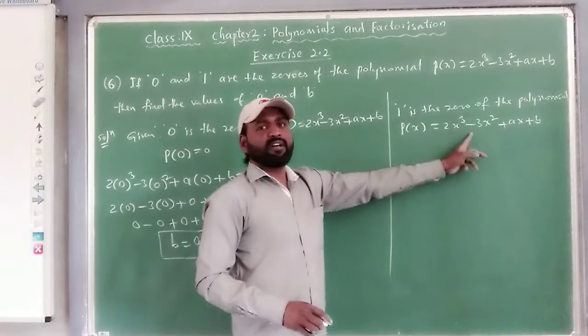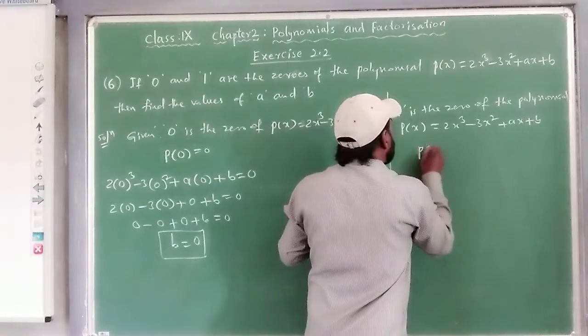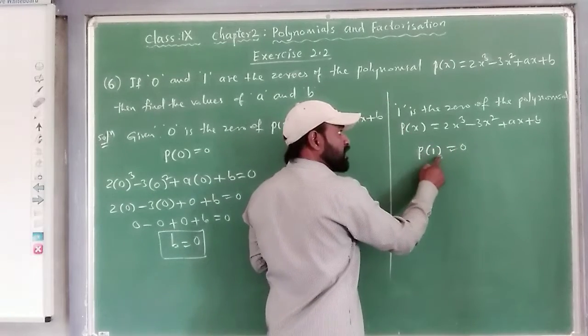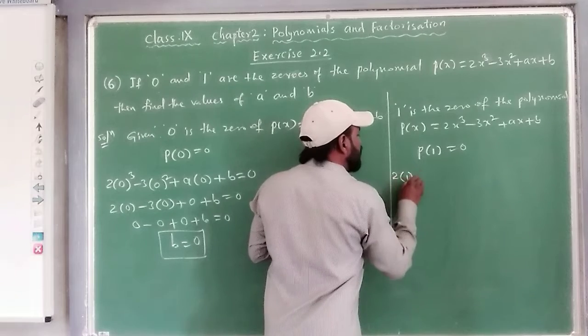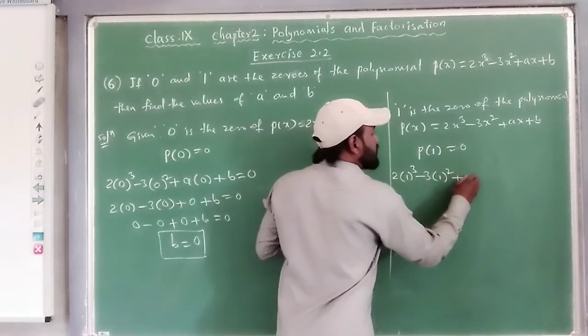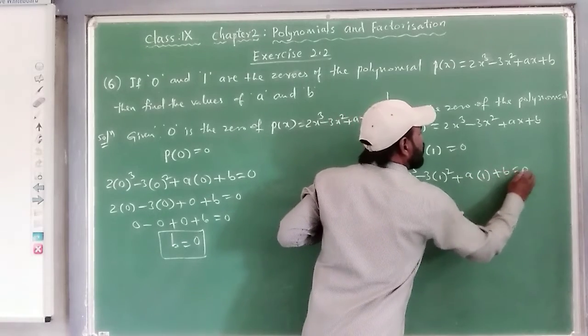Next, if 1 is a zero of the polynomial, that means p of 1 is equal to 0. Now, in place of x, you have to substitute 1. So 2 into 1 cube minus 3 into 1 square plus a into 1 plus b is equal to 0.